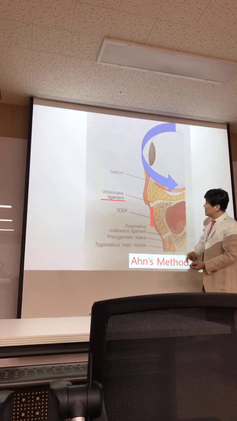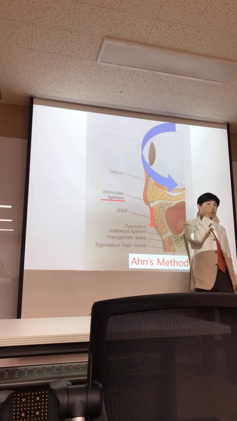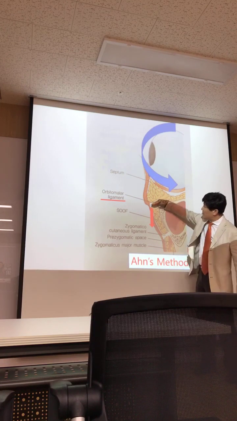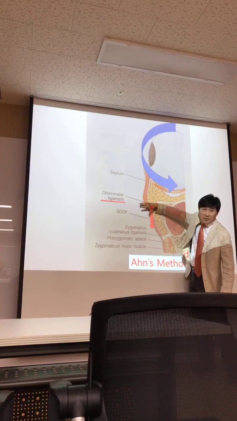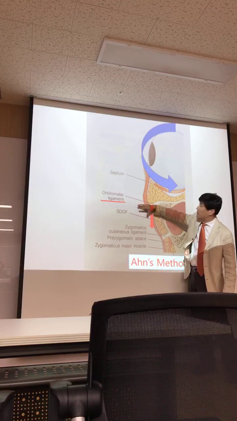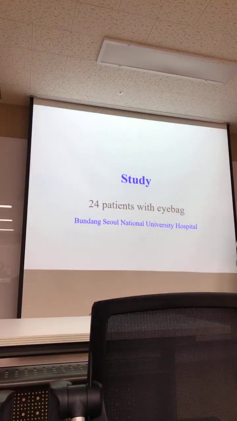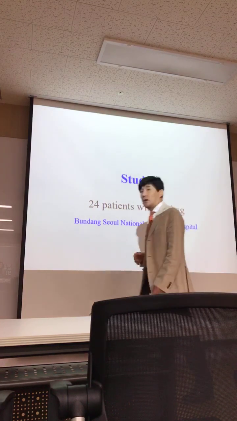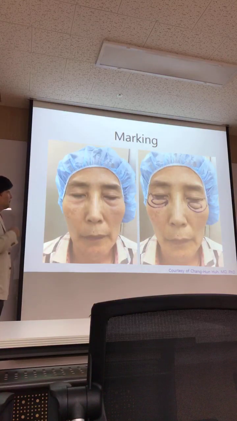And then the nurse pulls down the orbital malar ligament downward. This emerged fat moves down, and then we can insert the needle with safety.